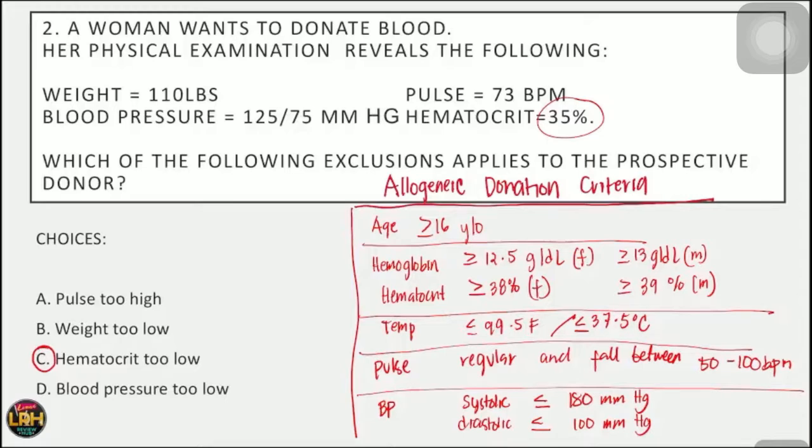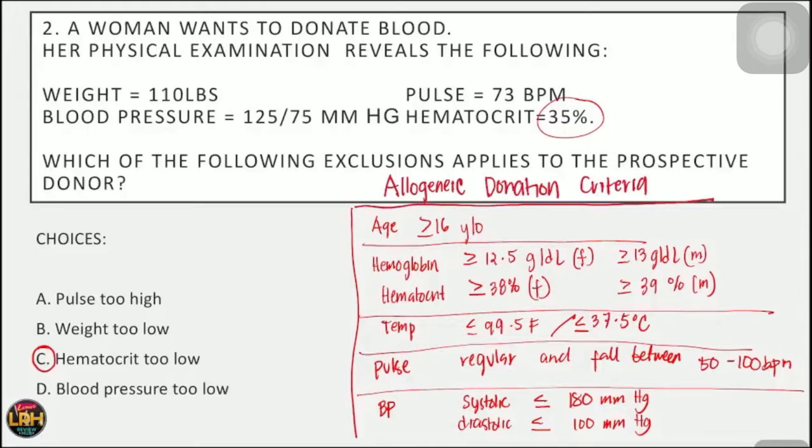For hemoglobin, it should be equal or greater than 12.5 gram per deciliter for female, or for males, equal or greater than 13 gram per deciliter. For hematocrit, for females, it should be equal to or greater than 38%. For males, it should be equal or greater than 39%.